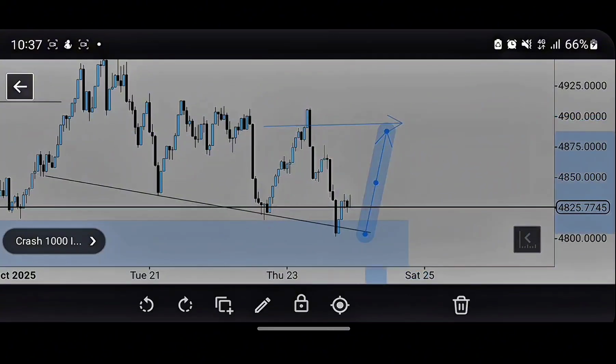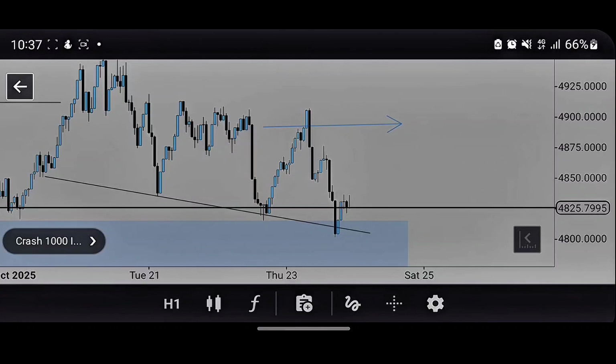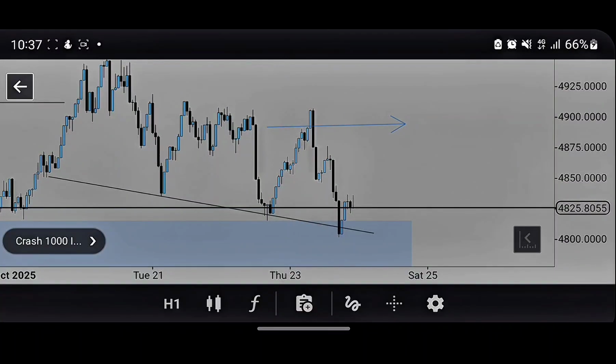Okay, because remember, on the weekly we said this might be a flag going to the downside. So till price gives us evidence of going to the upside, only then shall we consider taking this entry. Okay, so we wait for a confirmation, and we do not enter till we see our signs of price changing direction.